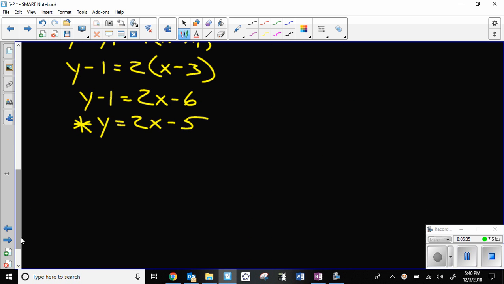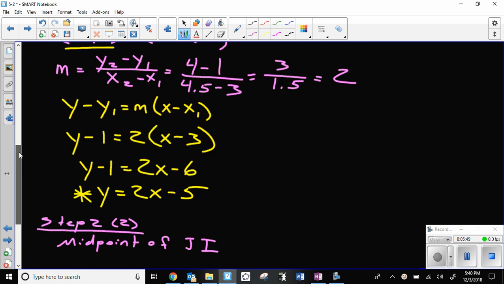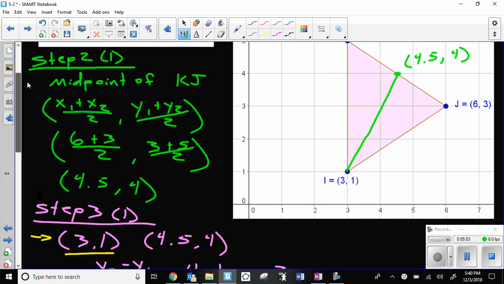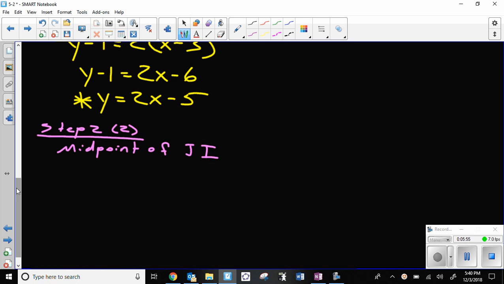We're going to go step 2 the second time. The midpoint of, I believe I said ji. So we'll go back up here. Ji has coordinates 6, 3, and 3, 1.